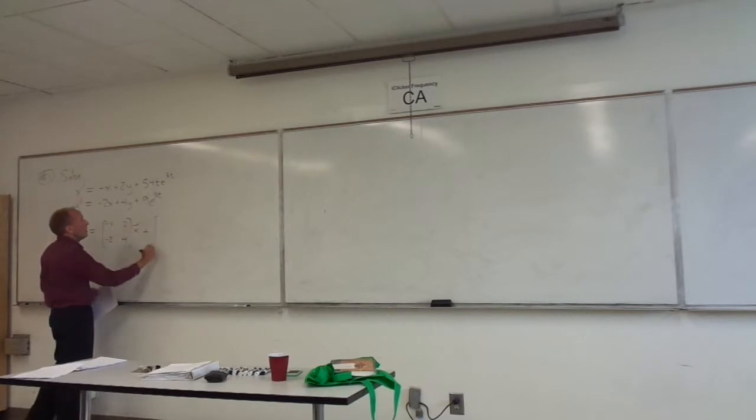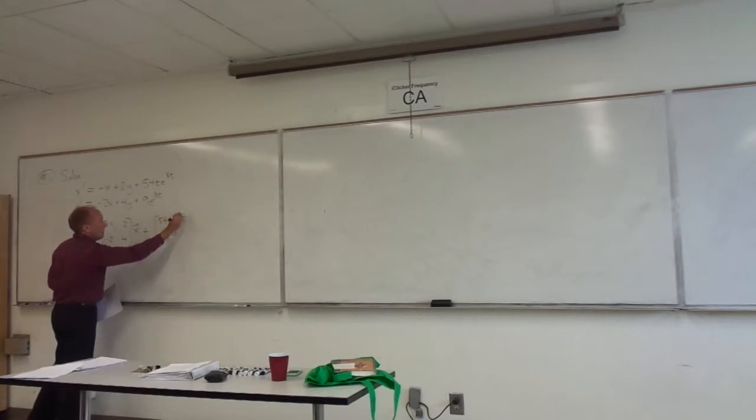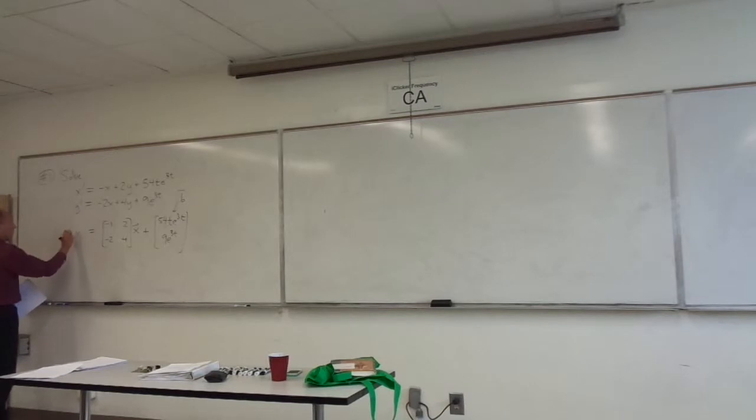So the non-homogeneous term would be 54t e to the 3t and 9 e to the 3t. That's the so-called b vector. And all of this is equal to the x prime vector. Notice I'm putting an arrow on anything that's a vector to distinguish it from these scalar functions up here. So this x prime right here is not the same as that x prime. That's an important thing to keep in mind.